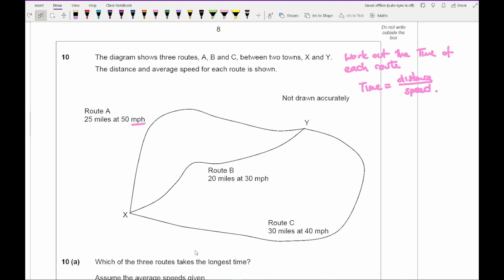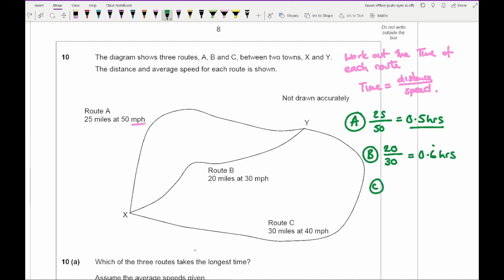So for route A, it's going to be the distance, which is 25, divided by the speed, which is 50. And here we're working with fractions, and we want to convert this into a decimal. So 25 over 50 is 0.5, so the answer is 0.5 hours. Then for B, using the same formula, we're using the distance, which is 20, divided by the speed, which is 30, which is 2 over 3, which is 0.6 recurring hours.